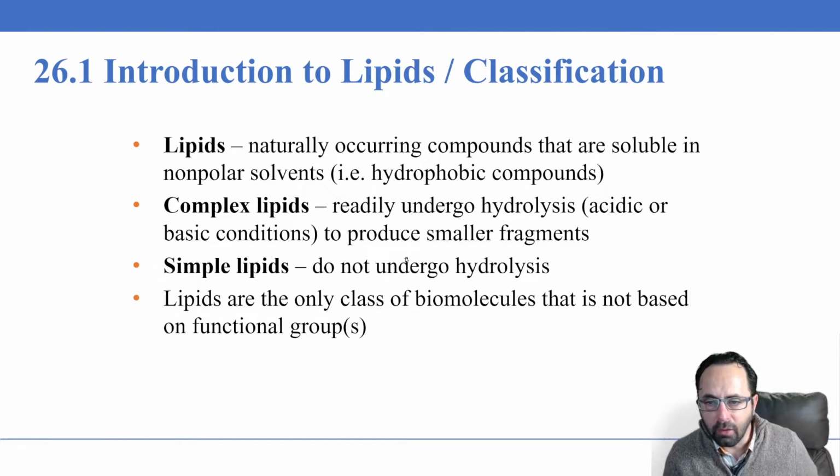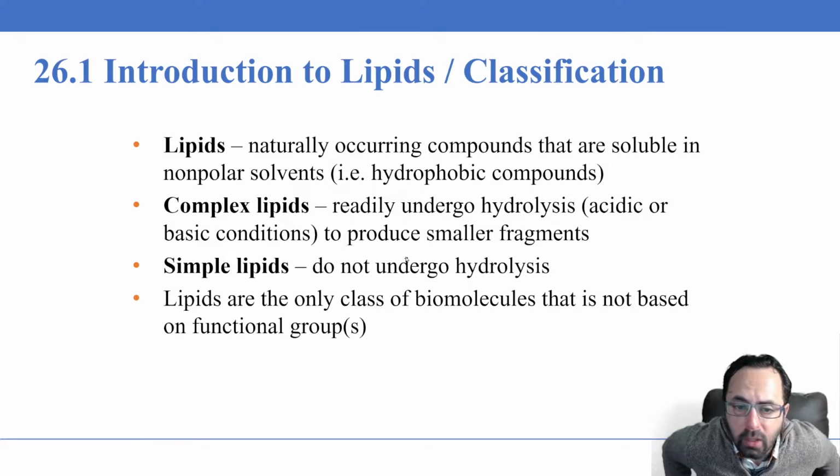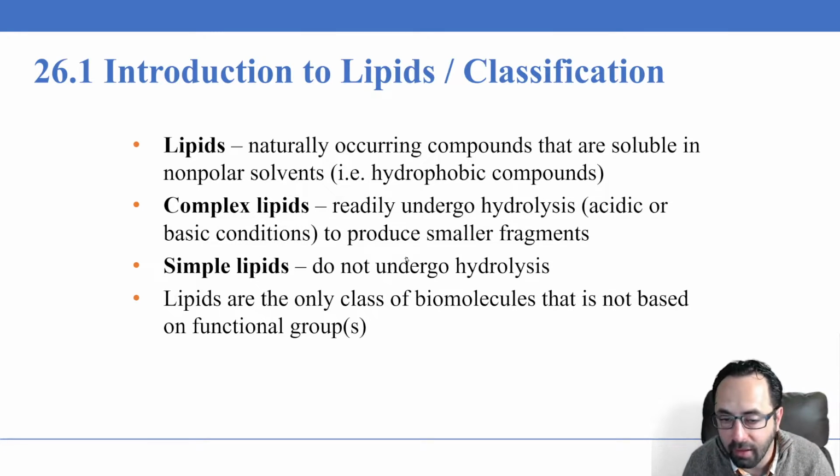So lipids are naturally occurring compounds that are soluble in nonpolar solvents, such as hexane, let's say. They're not soluble in water. That's the key idea there. They're divided into two large classes, complex lipids and simple lipids. And unlike what the names might imply, simple lipids can be quite complex molecules, and complex lipids can be small molecules.